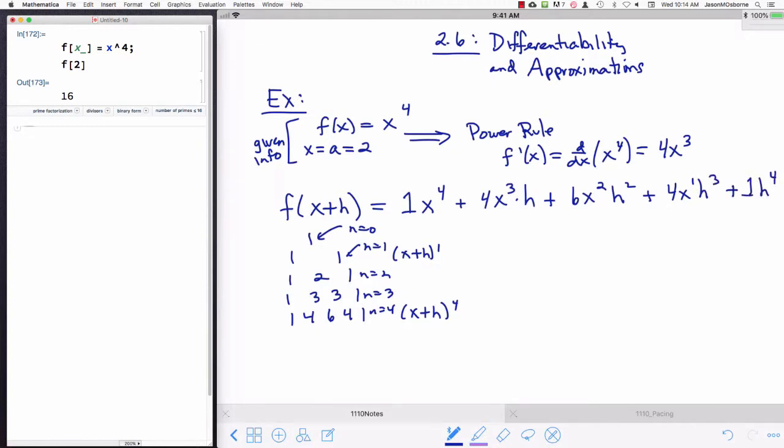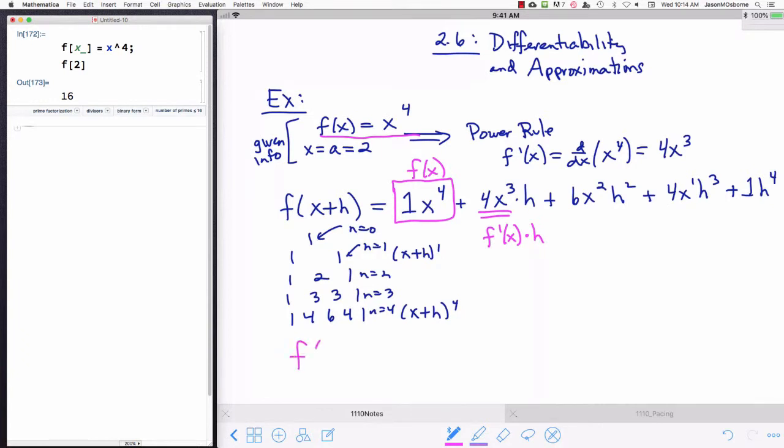So there's this rather longish looking formula, and what I'm particularly seeing here is that the 1x to the fourth is the same as the function f of x. 4x cubed was our derivative, and that's being multiplied by h.